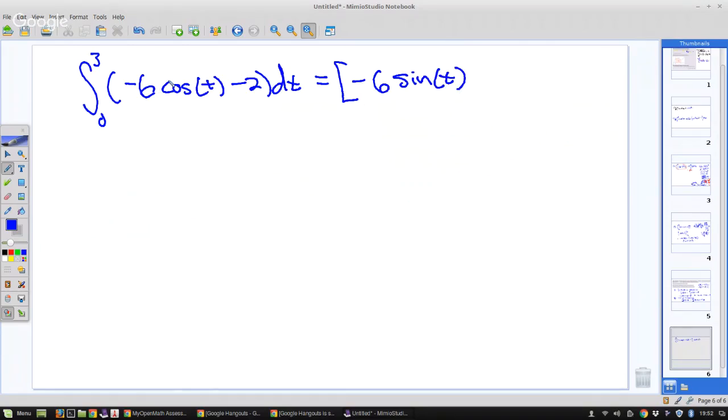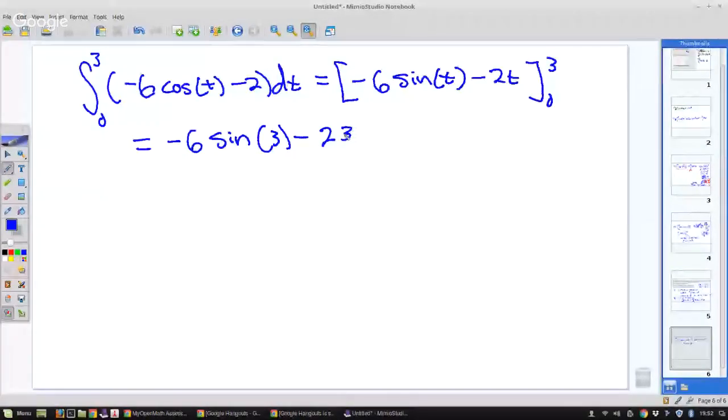We need to evaluate that from 0 to 3. So that's going to give us negative 6 times the sine of 3 minus 2 times 3, take away parentheses, negative 6 times the sine of 0 minus 2 times 0.